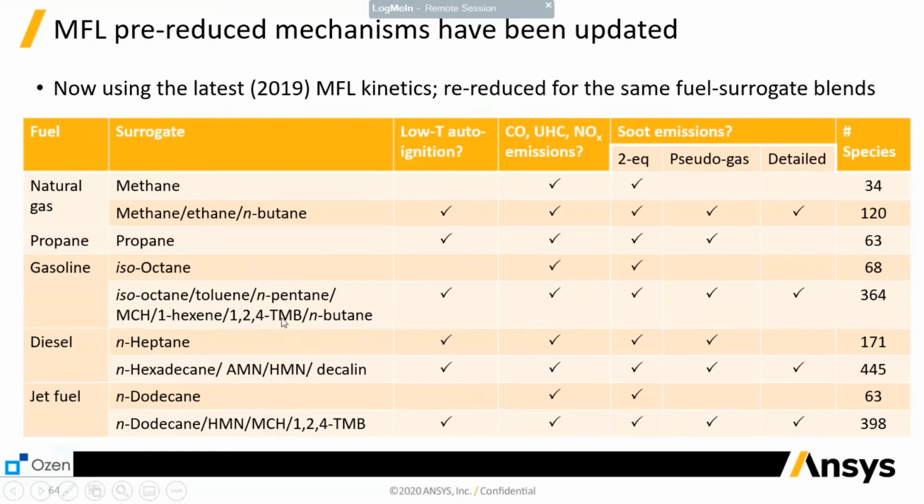As you know, the hydrocarbons and fuels that we are dealing with are quite complicated. For example, the gasoline that you have is almost 68 species, or if you have isooctane, it's like 364, or the diesel could be from 171 to 445 species. If you want to do it manually and get the data for all of those hydrocarbons and the properties and the mixture contribution and use it for your burner that uses diesel, it would be a lot of work.